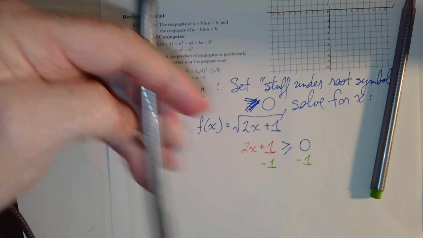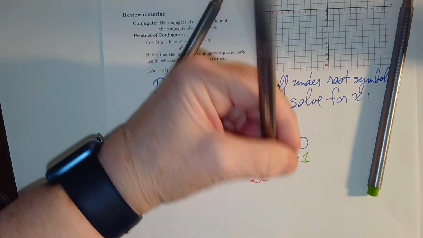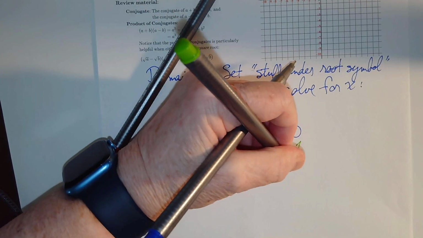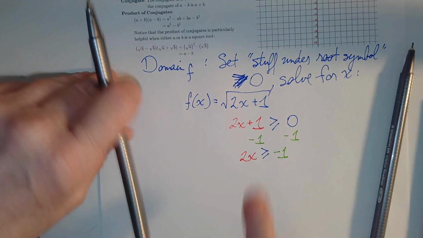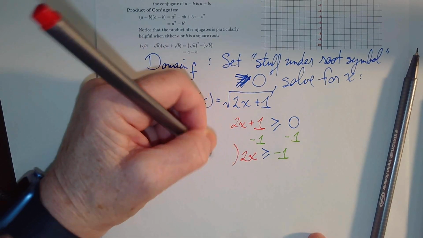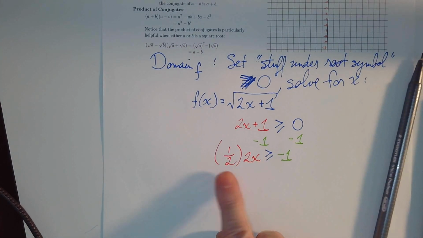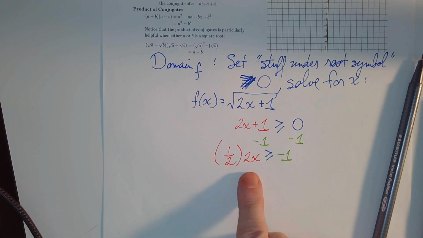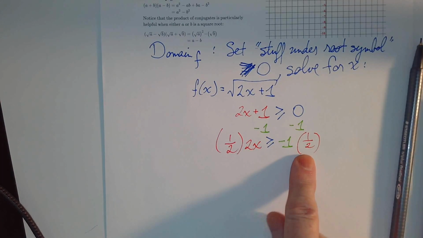That gives us 2x is greater than or equal to negative 1. And then we want to divide by the coefficient of x. But it's really just much better to think of multiplying by the reciprocal. So we're going to multiply the left term by the reciprocal of the coefficient of x and the right term.